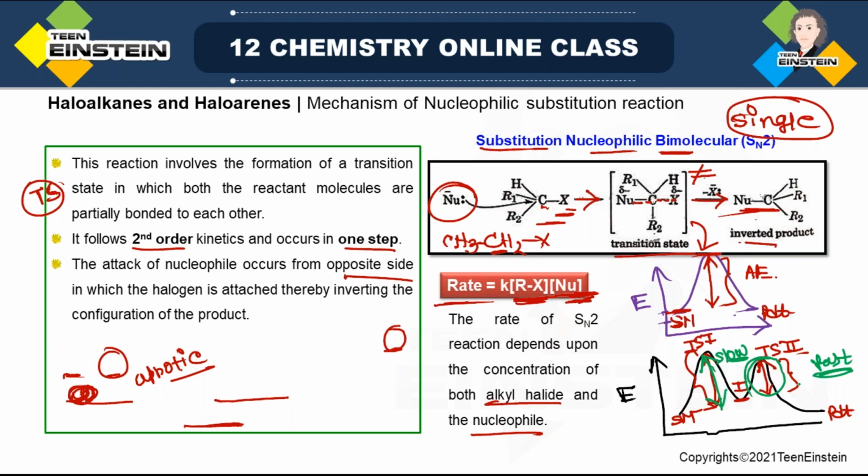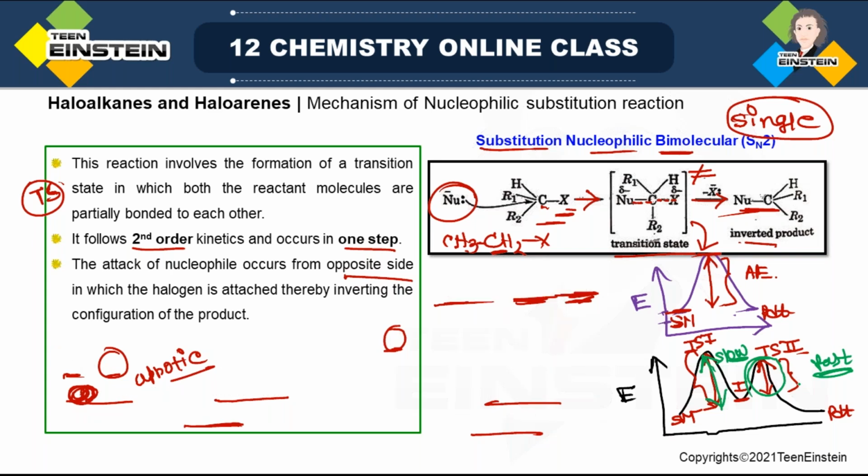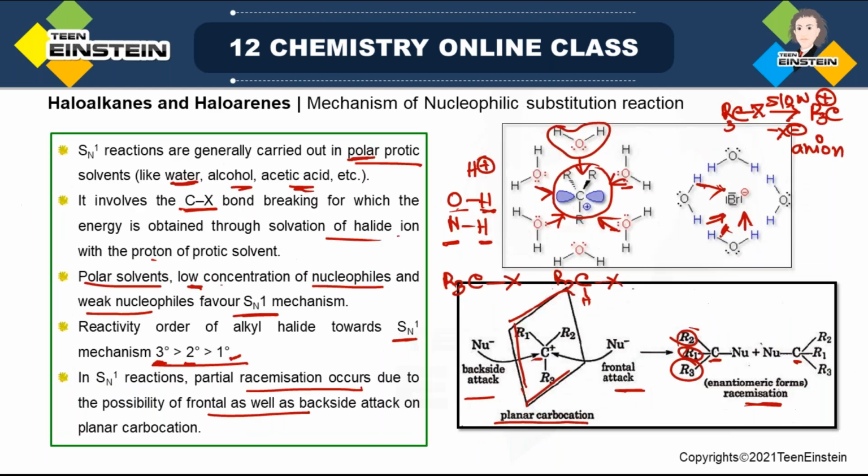And if you want to go into the details of transition state 1 and 2 in SN1, basically why I'm going into the details, because regarding energy profile diagram, there is a question in the examination. So that is why you should have a proper idea about it.